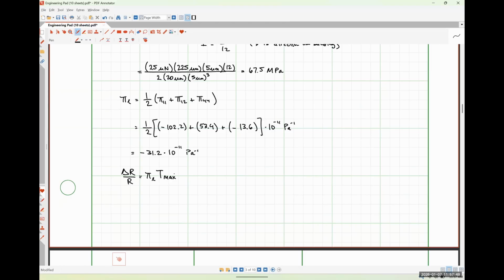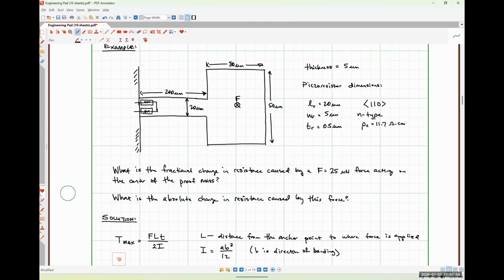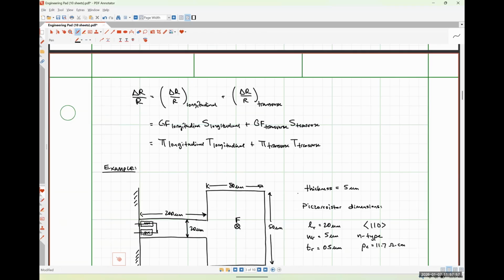our maximum stress, right? So let me just circle back up here really quickly. Up here, I introduced the fact that our fractional change in resistance should be the sum of the change in resistance due to longitudinal plus the change in resistance due to any transverse. Well, in this case, we don't have any transverse stress at all because everything's just in the long direction. So that second term is going to go to zero. Yes, if the force had a transverse part, it would be going horizontal.